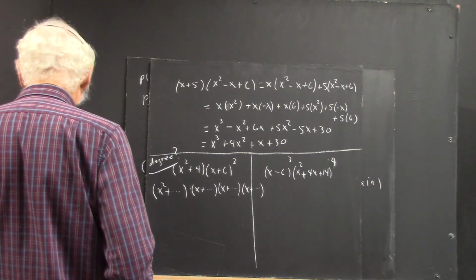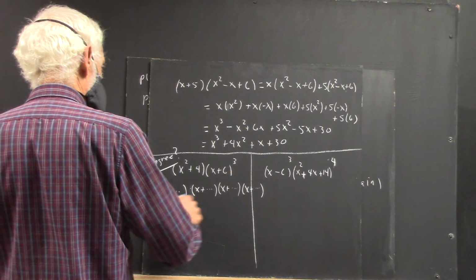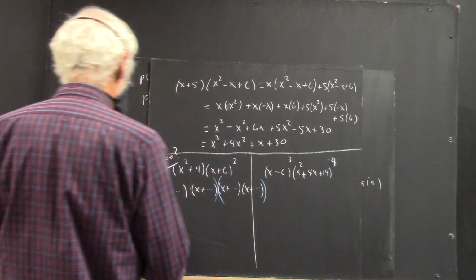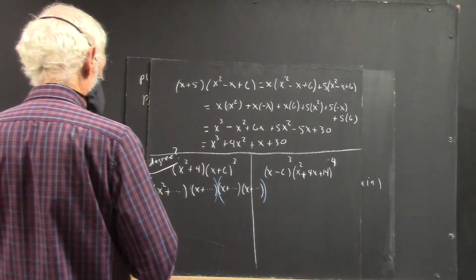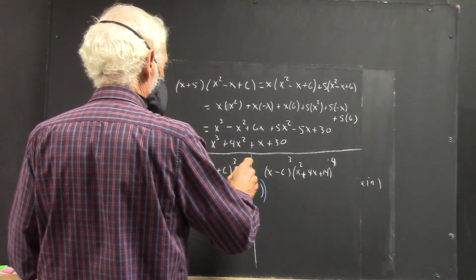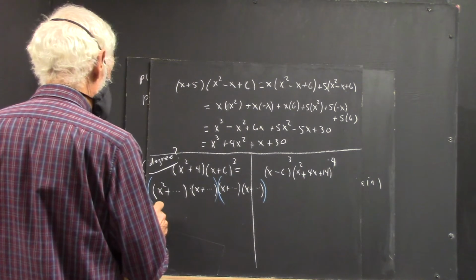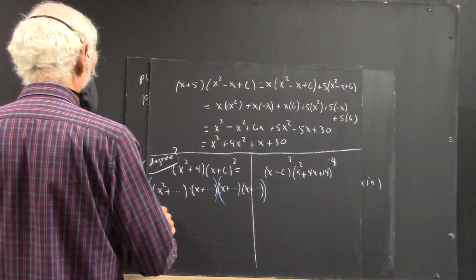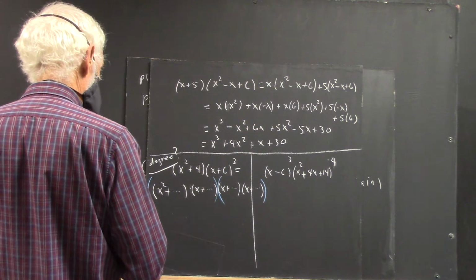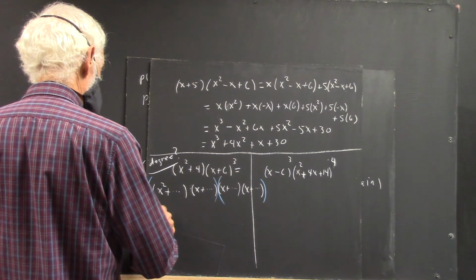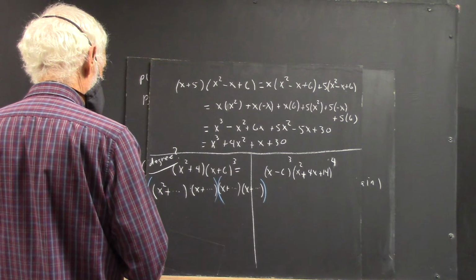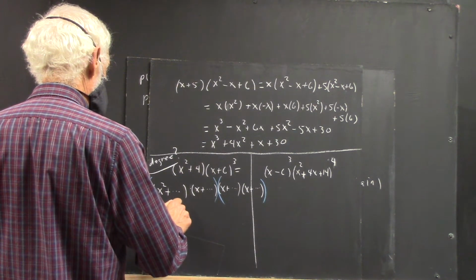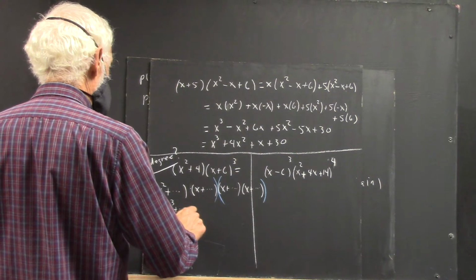So if I group it like this, and like this, this equals x squared times x cubed plus a bunch of other stuff.